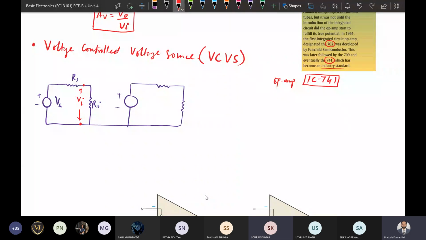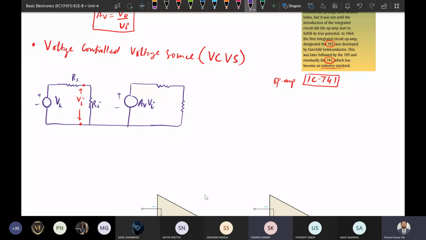This basically represents the equivalent circuit of a voltage amplifier. The gain is multiplied by the input voltage, so whatever input is there will be multiplied by the gain.